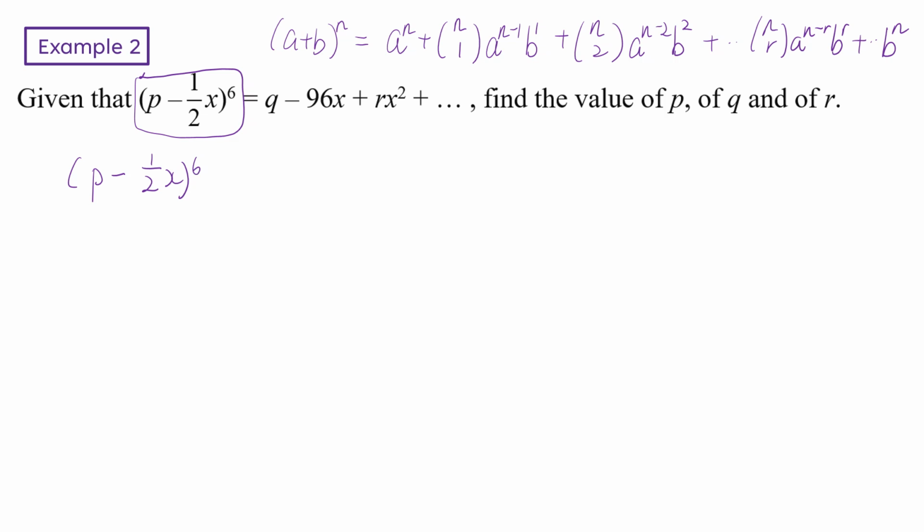So if we were to do a comparison, we can substitute the values for a to be p. So that will be p to the power of 6. I don't think I need to bracket it because it's not a negative value. Plus 6C1, p to the power of 6 minus 1. Bracket it. Why bracket it?